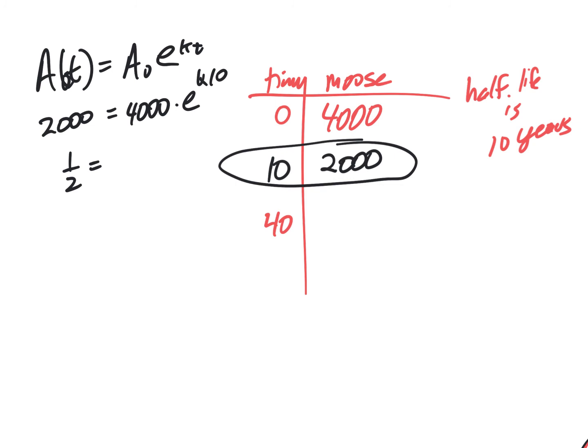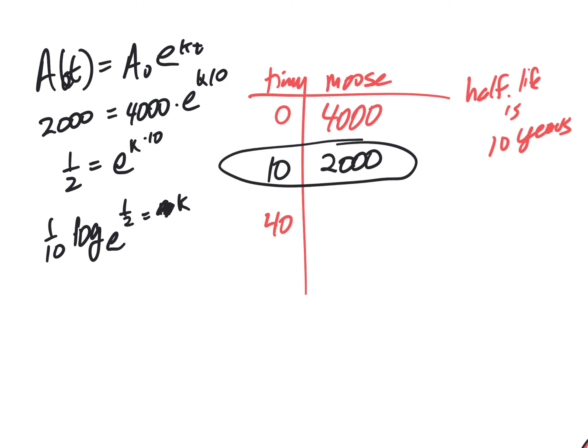Right? When you divide 4,000 underneath the 2,000, that makes sense. It's a half-life question. Equals e to the k times 10. Log base e of 1/2 equals 10k. Multiply by 1/10 in the front, and there you go. Raise your hand if you had 1/10 log base e of 1/2.